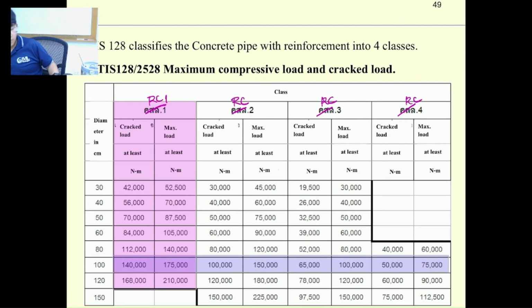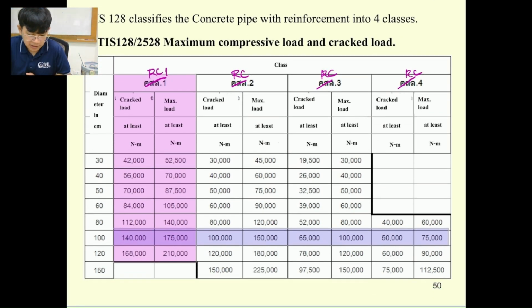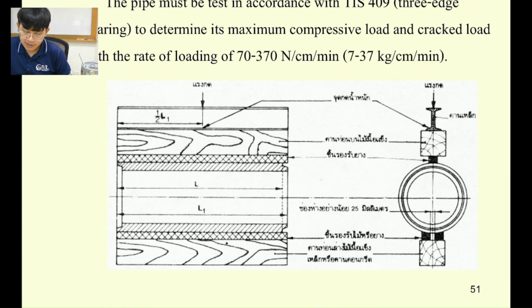Okay. From TIS 128, we have the maximum compressive load and crack load over here. Basically, we're going to test it similar to the split tensile test, as you may know if you test a cylinder. We're going to test it like this by putting some strips on top and bottom, and then we simulate the impact load on top like this, and then we try to press it.